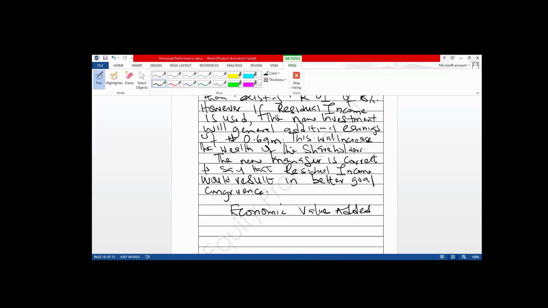However, it uses economic profits and economic capital employed, unlike residual income that uses accounting profit and accounting capital employed figures.